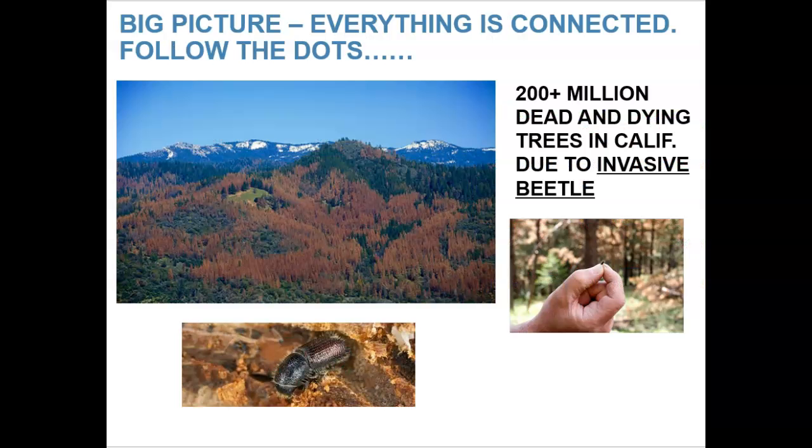So now I'd like to tell you a story about what's been happening out in California. Those of you who have been following the news probably recognize that there are massive wildfires happening again in California right now as our class is in session.